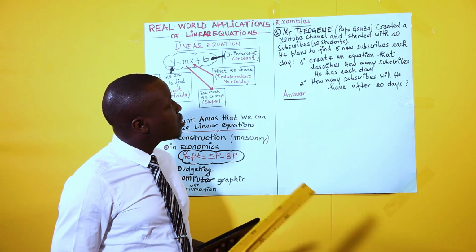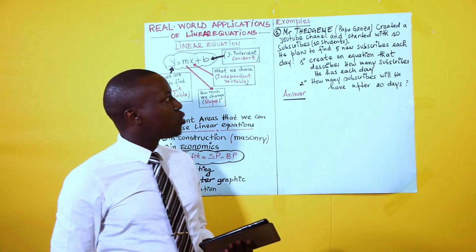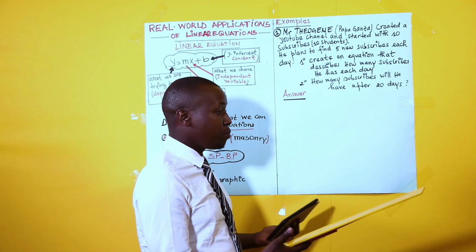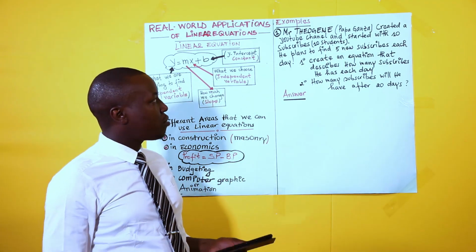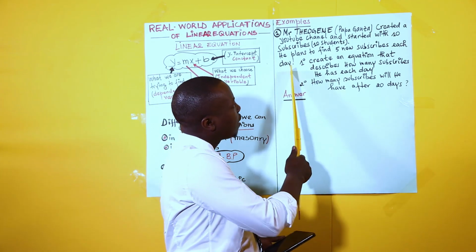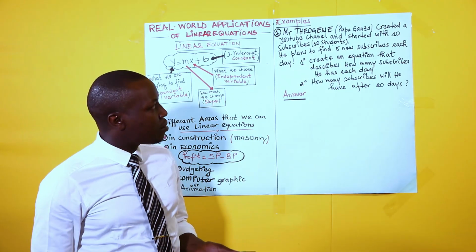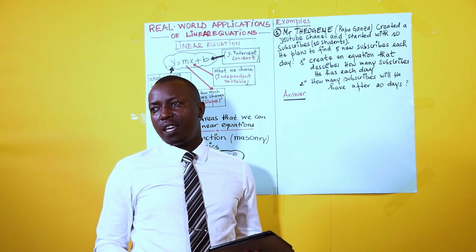The first example says that Mr. Theogene Papaganza created a YouTube channel and started with 10 subscribers. Maybe there are 10 students. He plans to gain 5 new subscribers each day. Number 1, create an equation that describes how many subscribers he has each day.